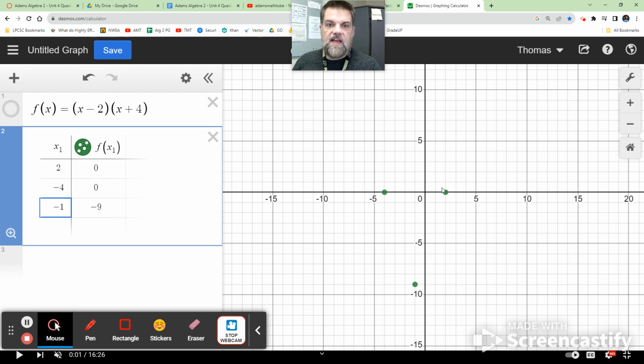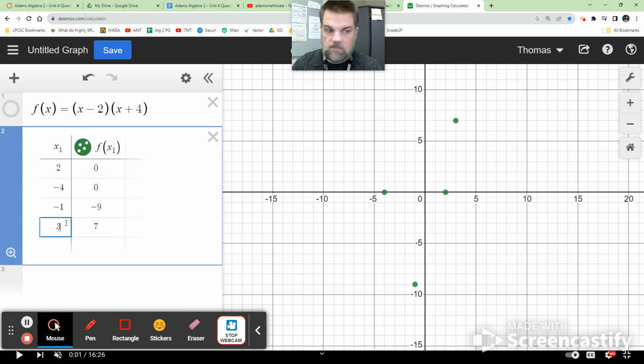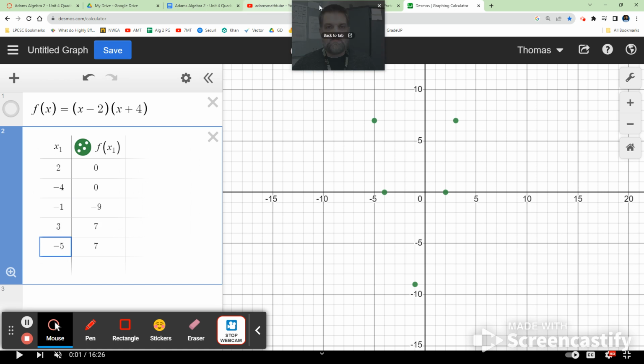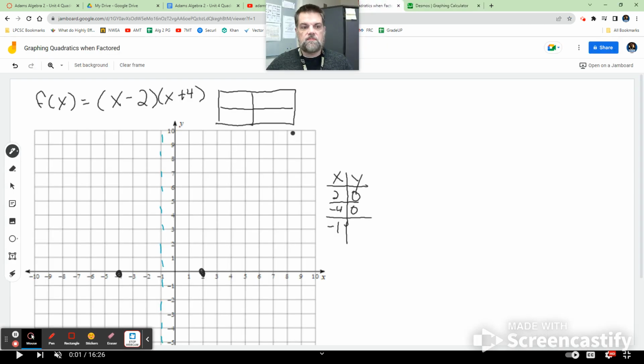But let's try just 1 unit to the right of 2. So let's do 3. That gives me 7, and let's do 1 unit to the left of negative 4. So we'll plug in negative 5, and that gives me 7. So let's sketch that on our graph.